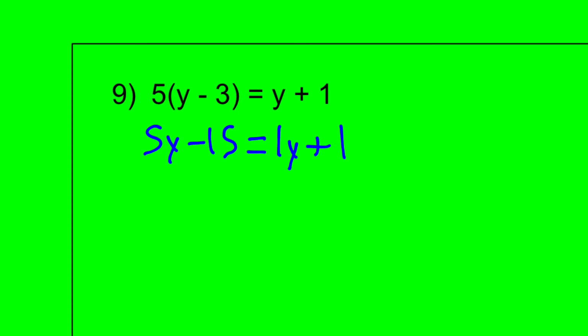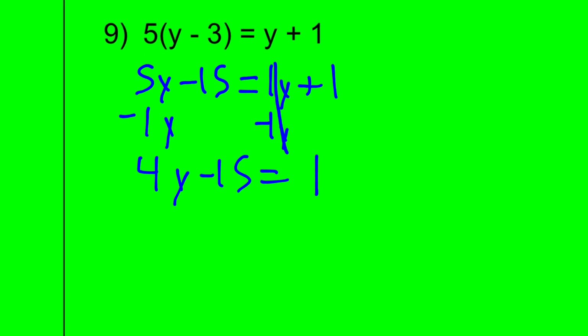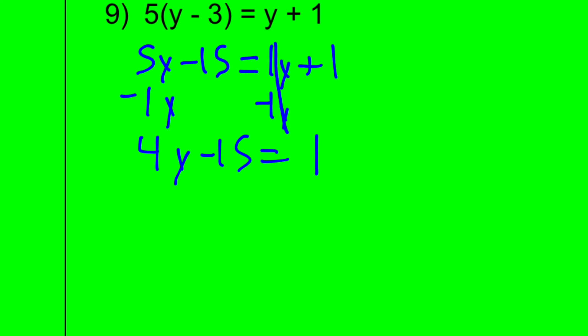Now, what I would do now is I usually like to take the smaller one, so 1y, and I'm going to subtract 1y away from both sides. Going to be left with 4y minus 15 equals, this goes away, positive 1. And now I have a 2-step equation I can solve.